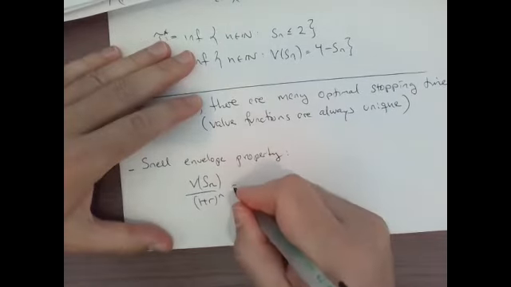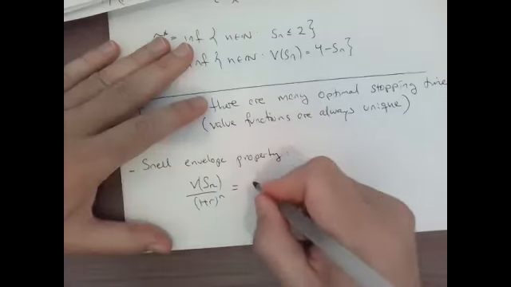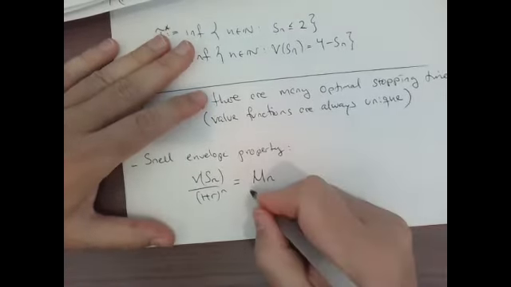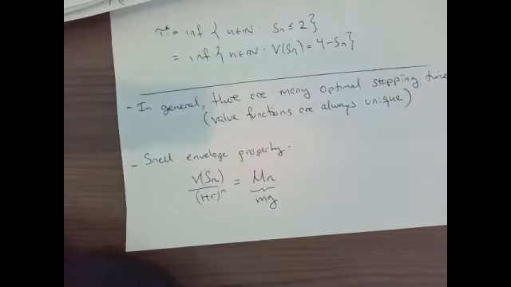And it's the smallest of such a thing. So you will write this as a martingale. If I have a super martingale, I want to write it in terms of a martingale. How do I do that?